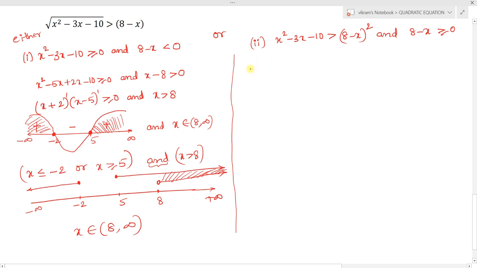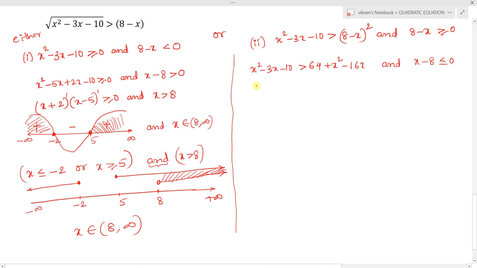We are trying to solve x square minus 3x minus 10 greater than 64 plus x square minus 16x, and if we take minus as common, x minus 8 less than or equal to 0.